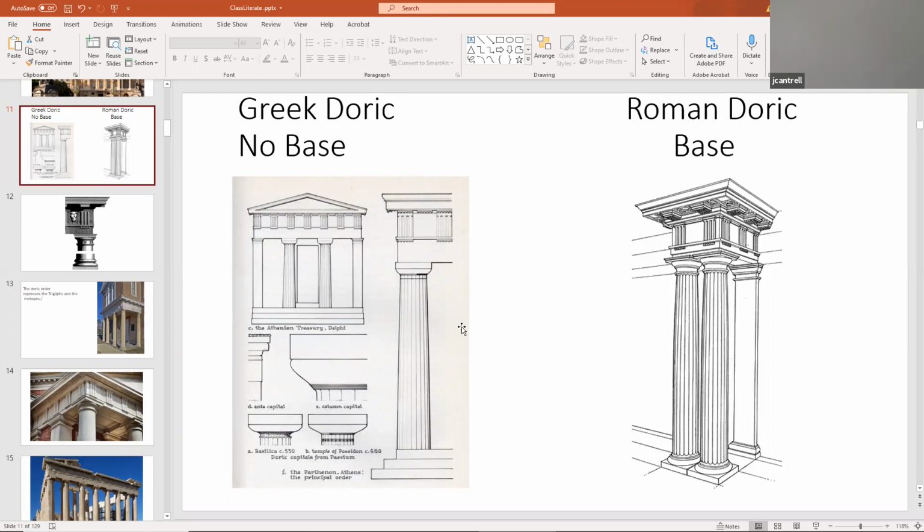Personally, I think the Greek capital is a little bit more elegantly done than the Roman Doric, but of course I don't have work to back it up with this sort of language of detail. The columns are very simple in this Greek Doric language. I think a lot of the Greek details are much more elegant than the Roman.